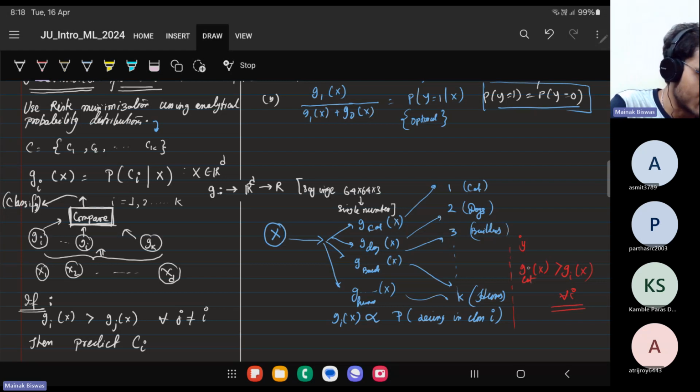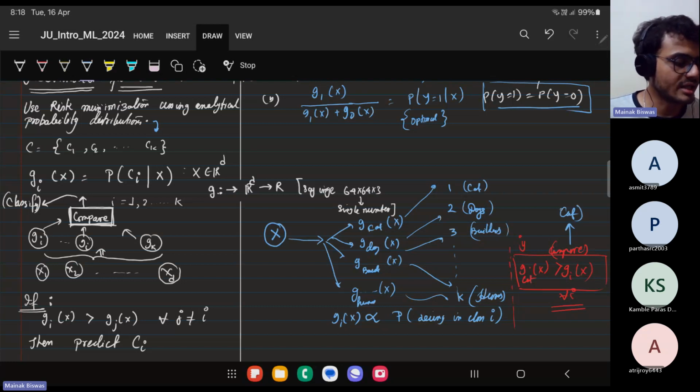This is my comparison. Yes, I can say that it is a cat. Is this intuition clear to everyone?